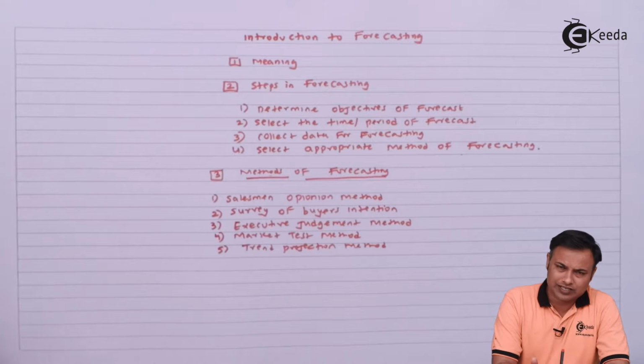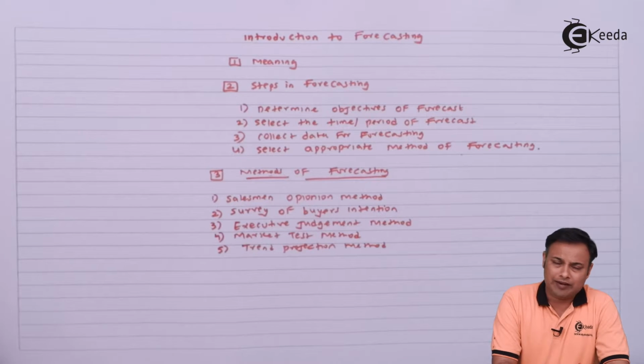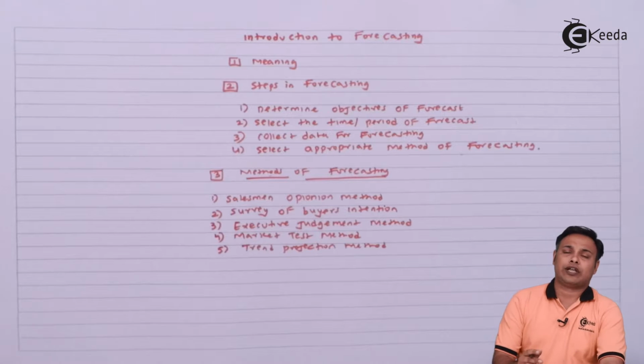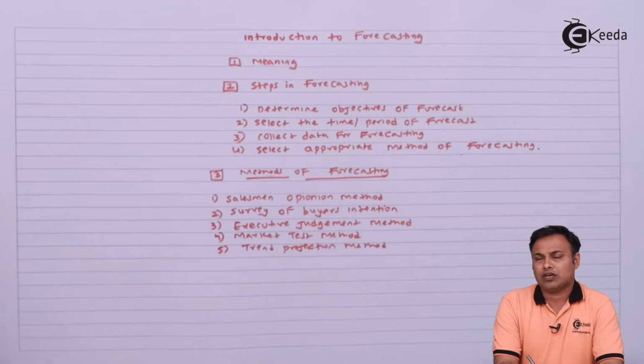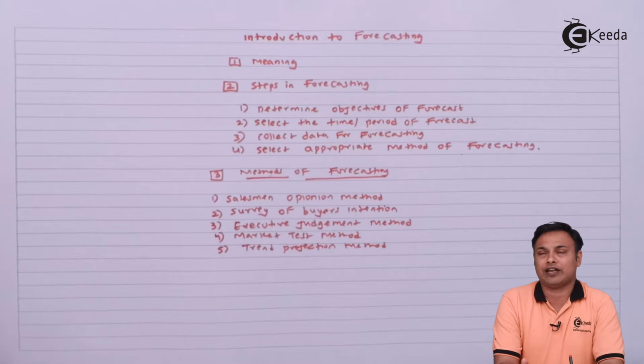So any changes, any rising patterns, any decreasing patterns in the particular business can be used as a trend to decide the flow of goods or money in that particular premises. So in a trend projection method, we try to find out one value when the other value is given in the problem. The value that is given is called the independent and the value that will be obtained will be called the dependent variable. Let's see how to work it out.